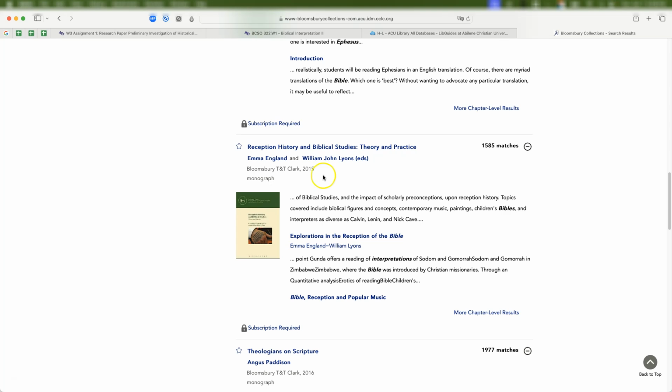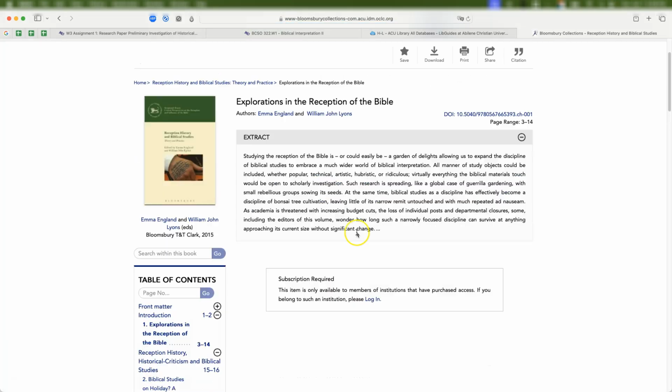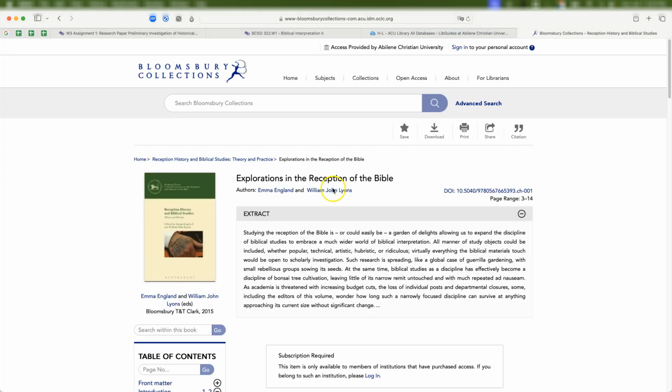But let's go ahead and take a look at this one here. Now, this particular one, we need to log in for a little bit, but just looking at the extract, you can see that this is looking at how the context has changed how different passages are focused on, especially in the context of missionary studies.